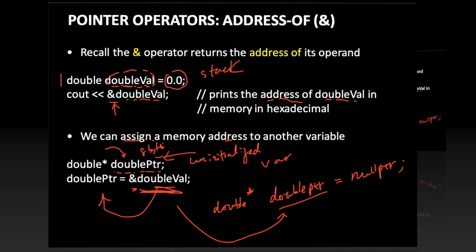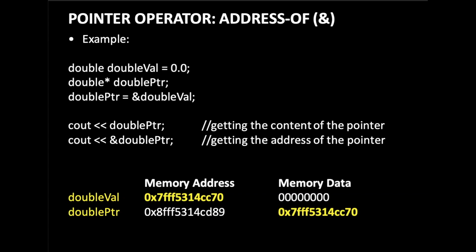Let's show another example. Let's use the actual address to illustrate. This is the same example. Declaring a double variable with a value means that inside this memory address, the value is 0. Similarly, inside this memory address for the double pointer, we have an undefined value right here.